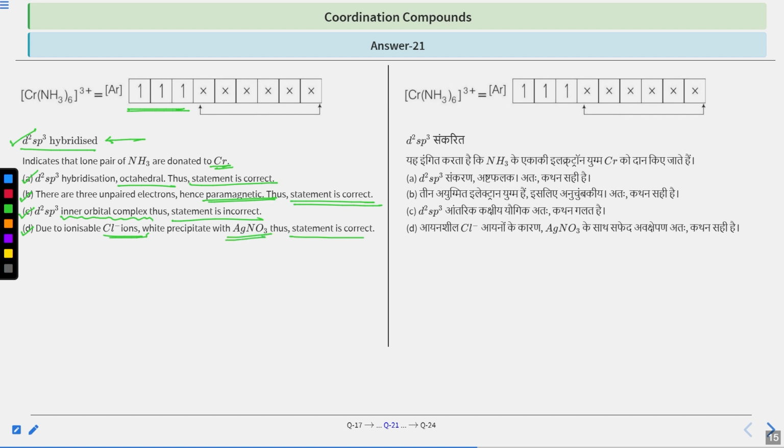Thus, this fourth statement will also be correct, because of the precipitation of AgCl while reacting AgNO3 with this given complex. Right? So you can see that all the statements are correct except option C.